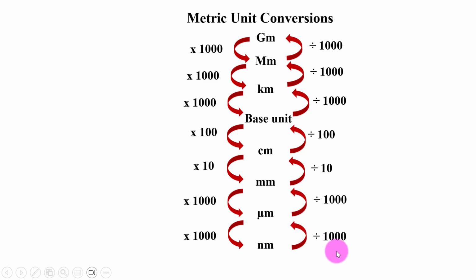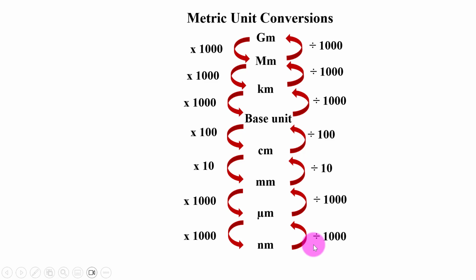That means I will take the amount in nanometers and divide by 1 times 10 to the 6th, or you move the decimal point 6 times to the left instead of to the right. You will notice that your numbers will get smaller because we're going from a smaller unit up to a larger unit, and we divide by our conversion factors.